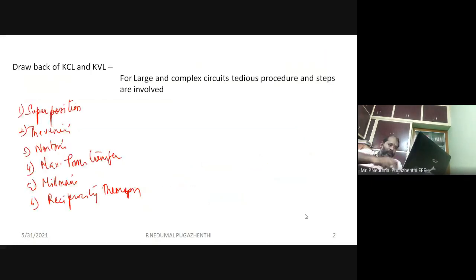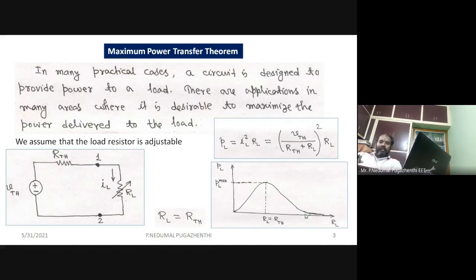We know the application of these theorems, and what the drawback of KCL and KVL is, and we have seen this in every theorem. Okay, so what the maximum power transfer theorem states is that there is a need for any circuit to be designed in such a way that it has to provide the required power to the load.